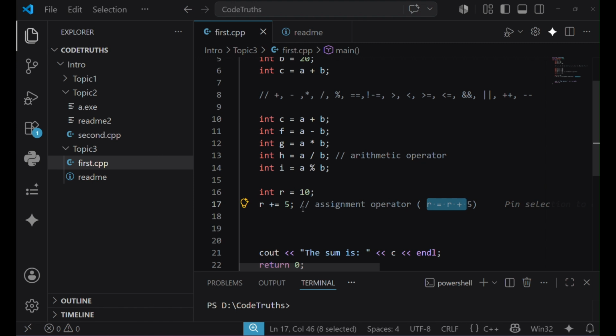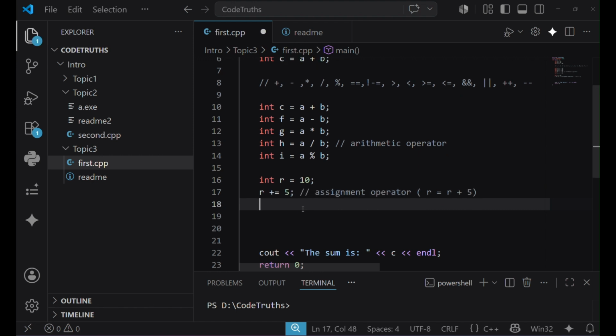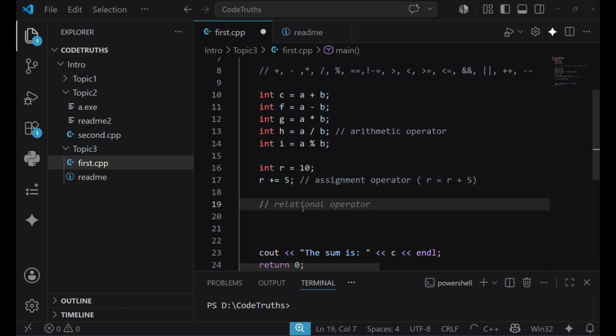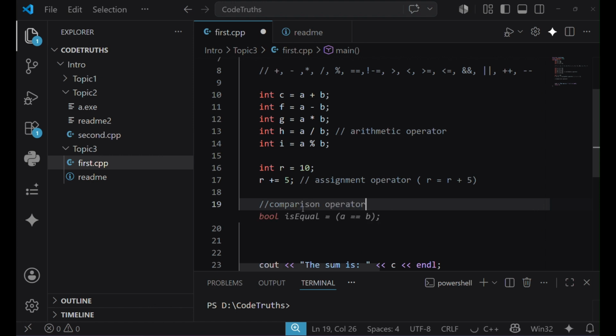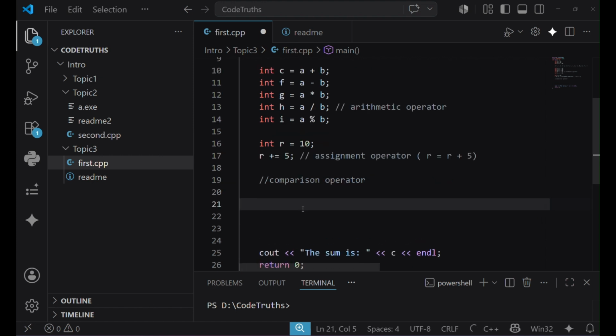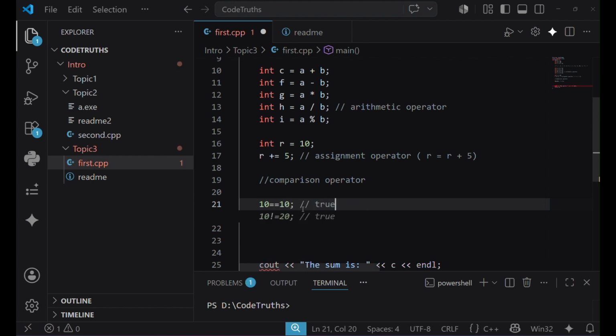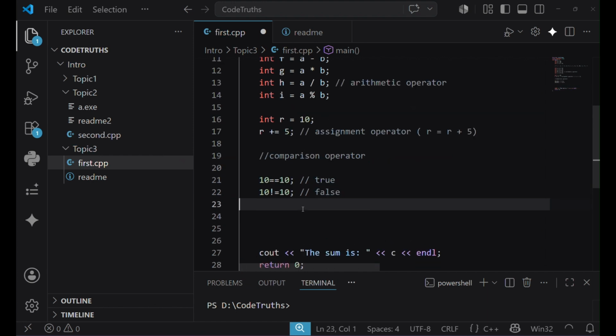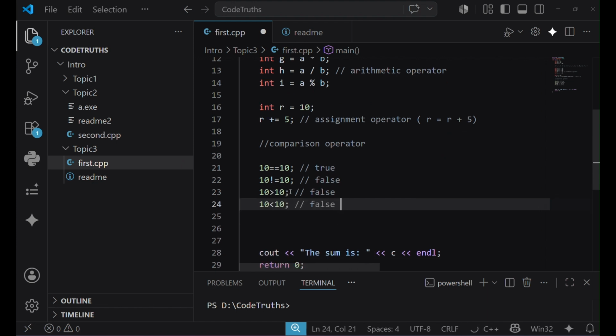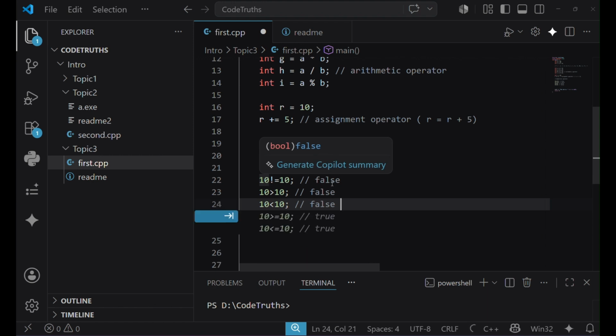There are some operators used for comparison, checking whether a value is less than or greater than another. If 10 equal to 10, it means equal, and this is true. And 10 does not equal to something else, it is checking, false.